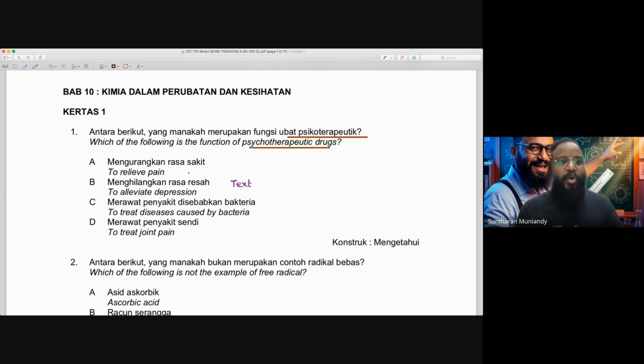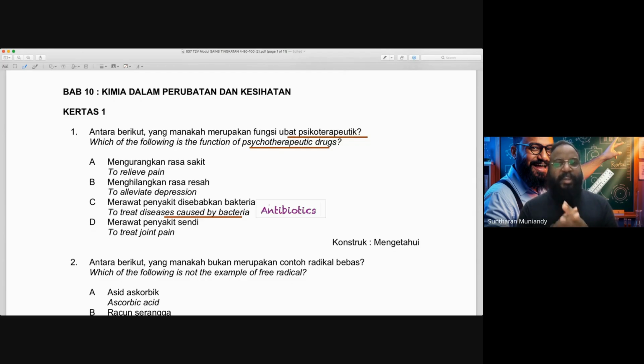Relief pain, no. Disease caused by bacteria, it is usually antibiotics. Take note on all this. Now, we are talking about modern medicine. In this chapter, you will be learning about the traditional medicine and the modern medicine.